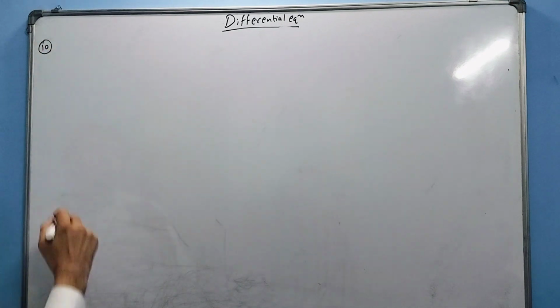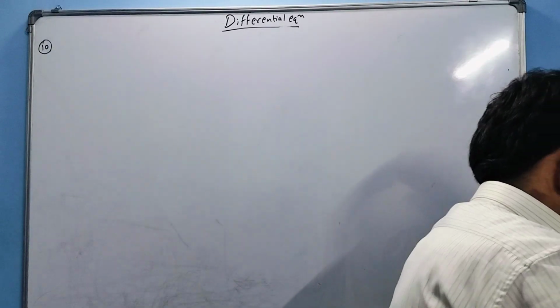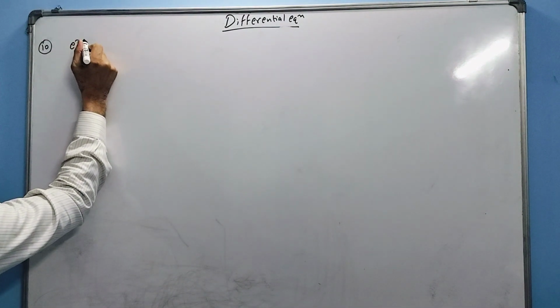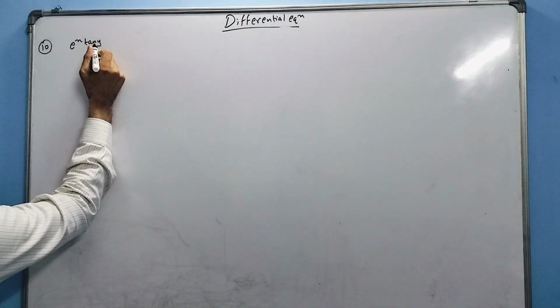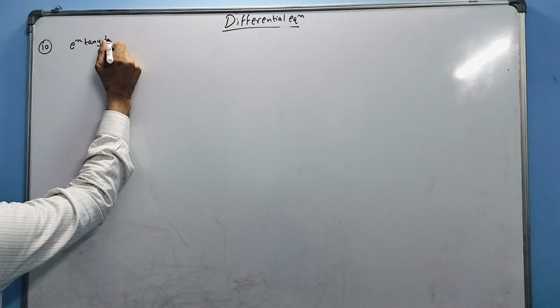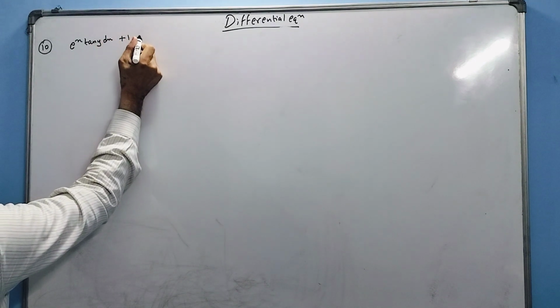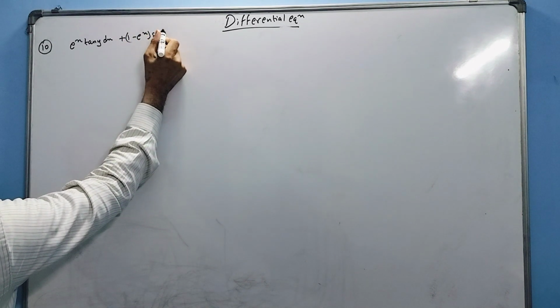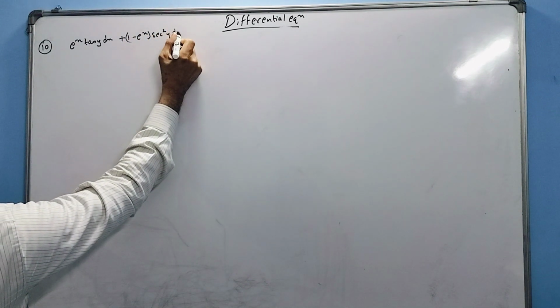So I have the 10th question in my hand, that is e^x tan y dx plus (1 minus e^x) sec square y dy is equal to 0.